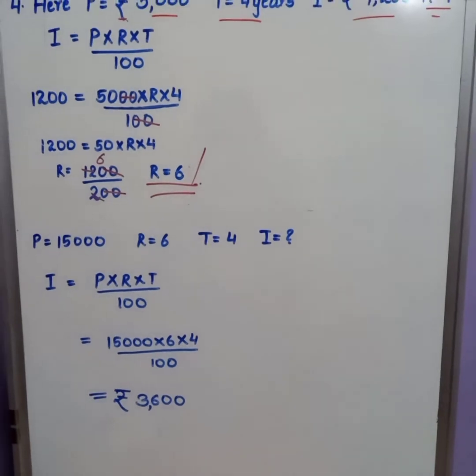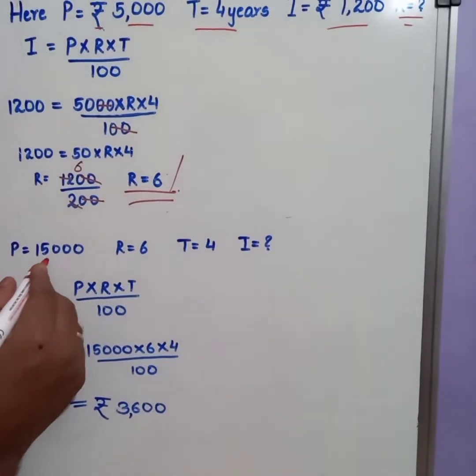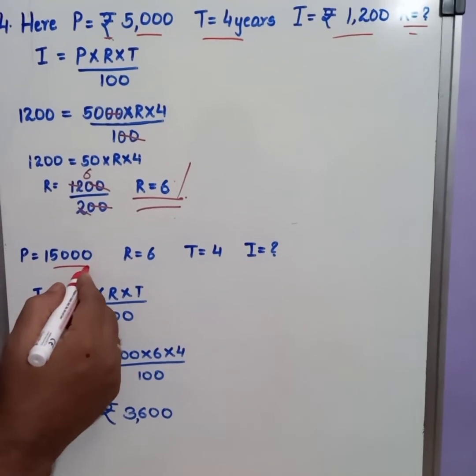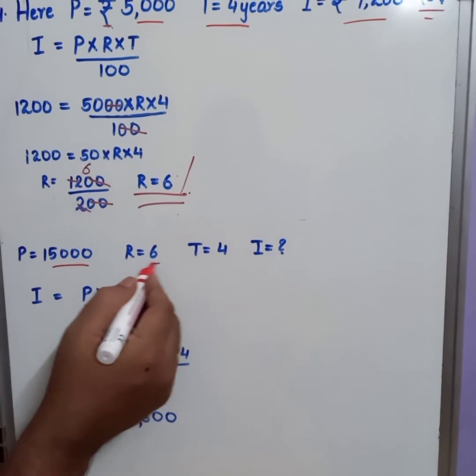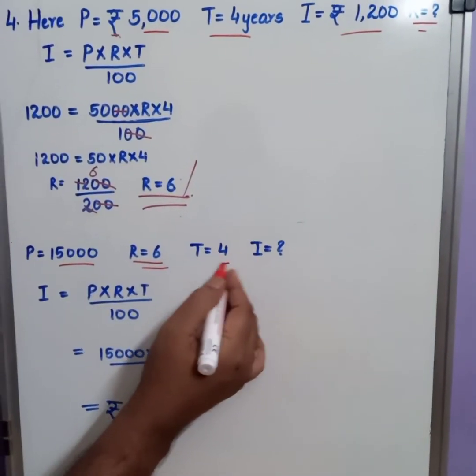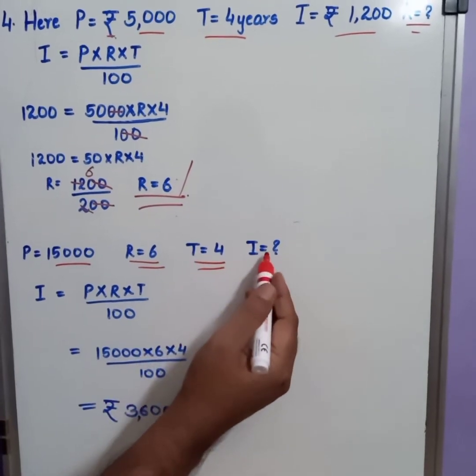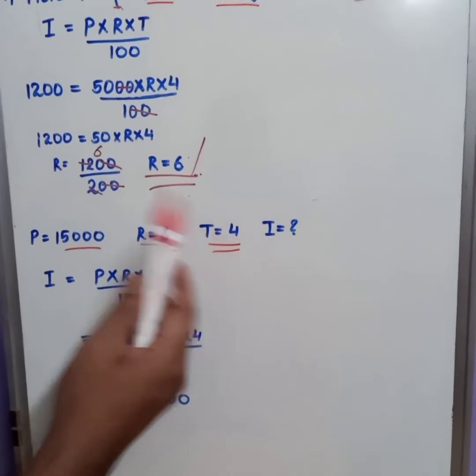Now the second part of the question. What would be the interest on 15,000 at the same rate of interest? So we are taking the same rate of interest and the same period, that is 4. We need to find the interest for 15,000 with R 6 and T 4.